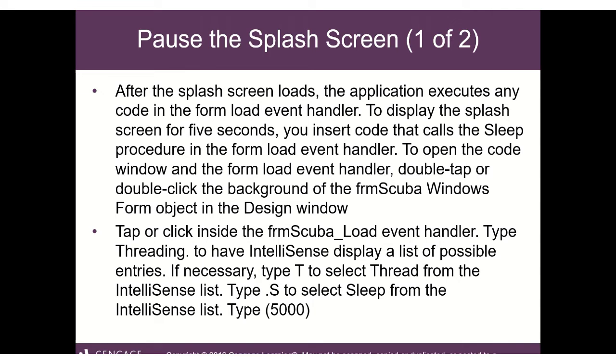So the pausing of the splash screen is basically letting the current thread sleep for some time, let us say 5000 milliseconds, and that way it will be paused for some time, and then the application will transition to the next level, that is the Windows form.